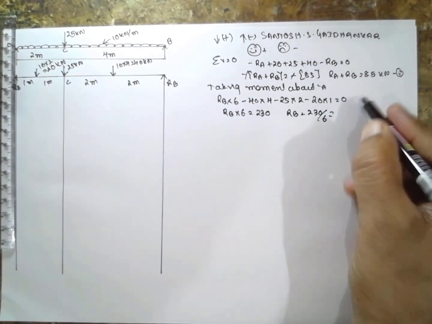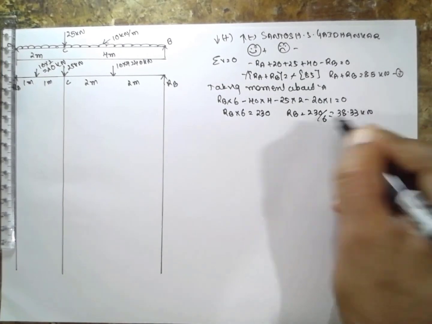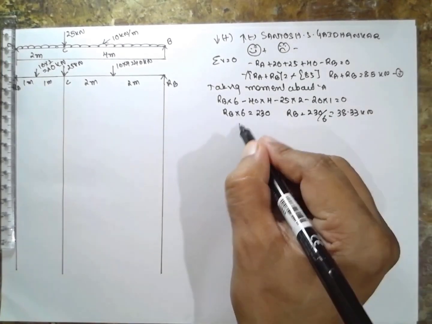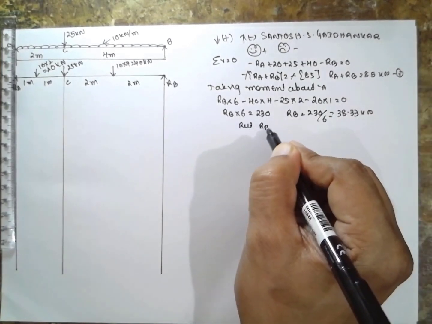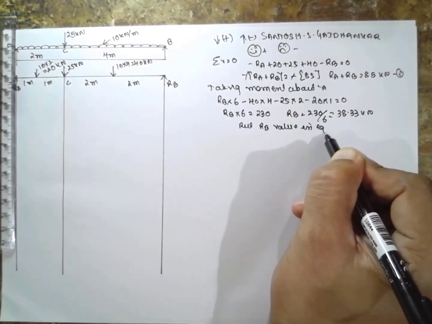The answer is 38.33 kilonewton. Put the RB value in equation 1.